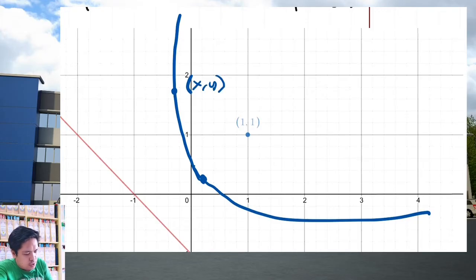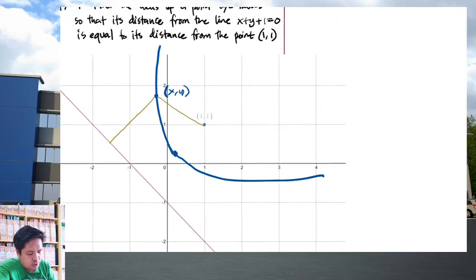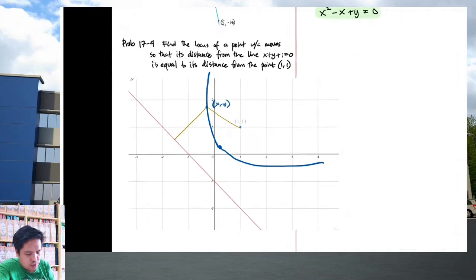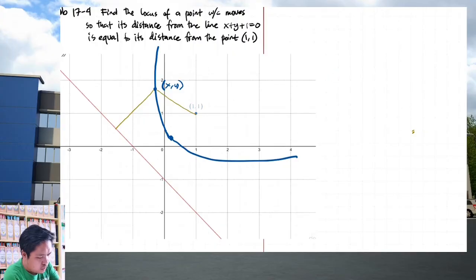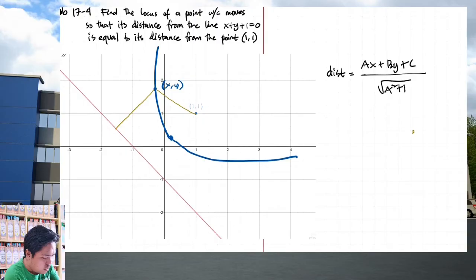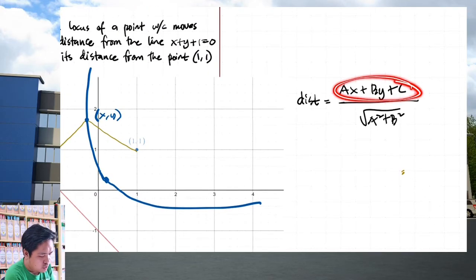Of course, the distance from (x, y) to this point should be equal to its distance to this line. And if you recall, the distance from a point to a line is given by ax plus by plus c over the square root of a squared plus b squared, wherein this is the equation of the line.